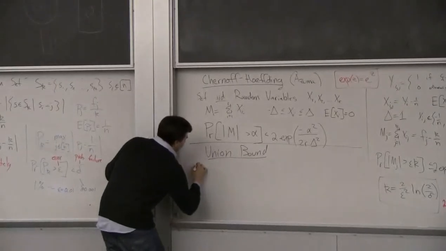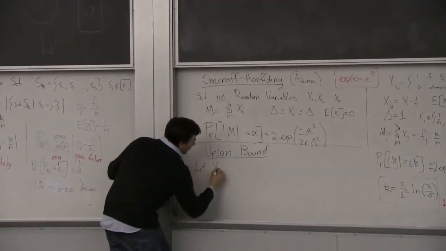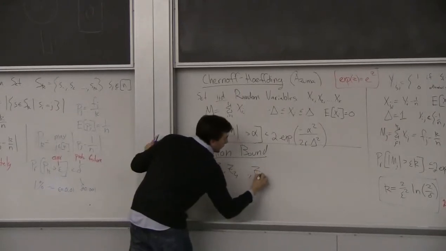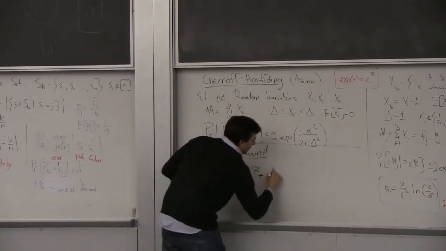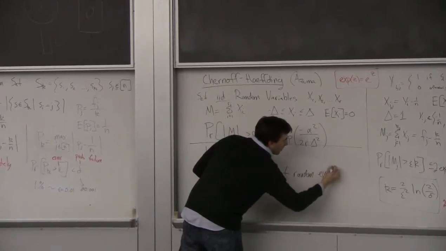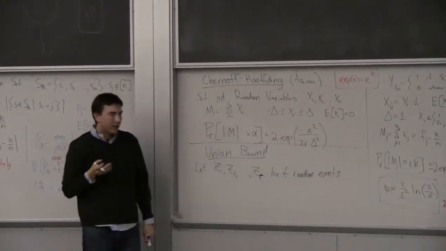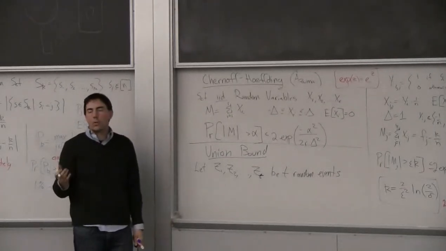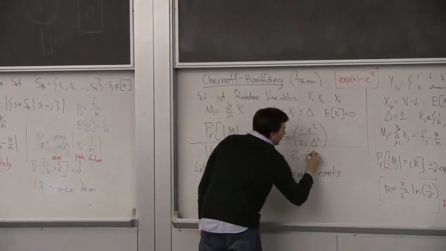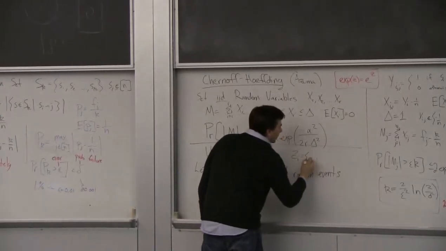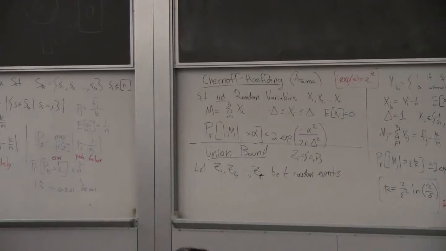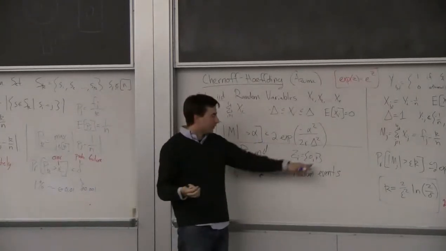So let's say Z1 through ZT are random events. When I say event, I generally mean it's a random variable that's either 0 or 1, where it's true or it's not true. So Zi is going to be in the set {0, 1}, where, if we're computer scientists, 1 is true and 0 is false.